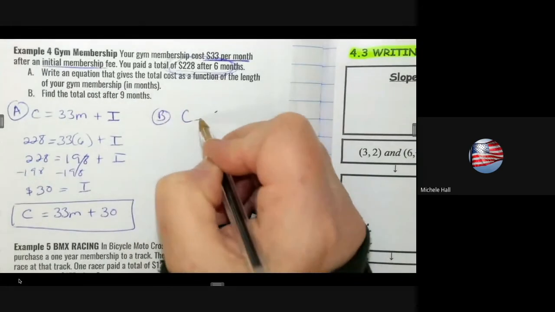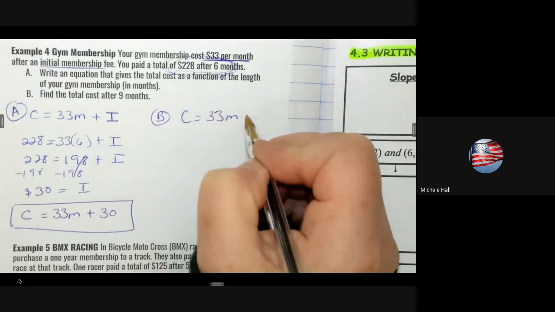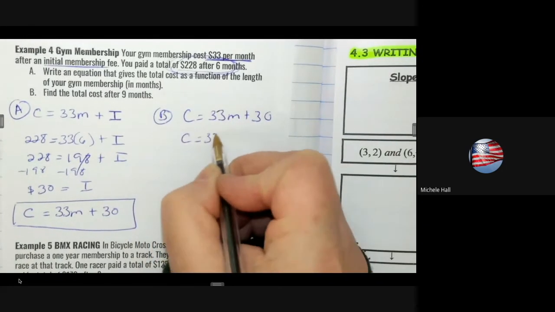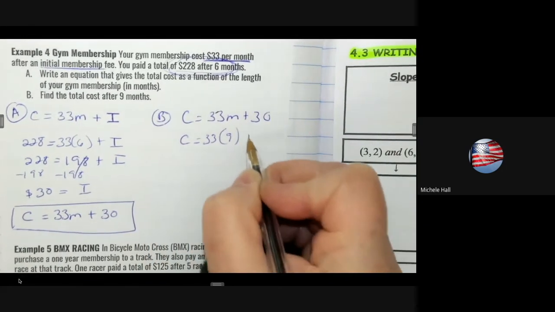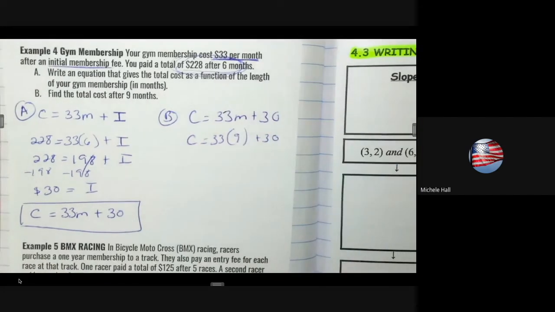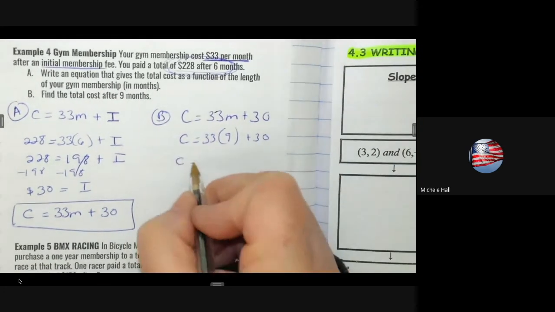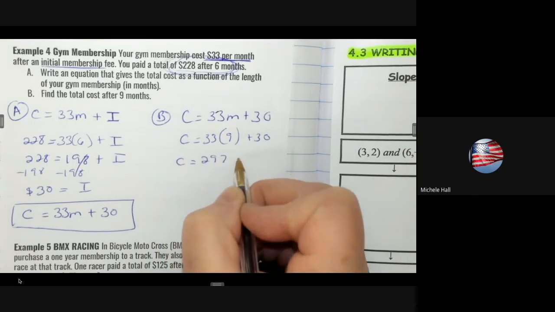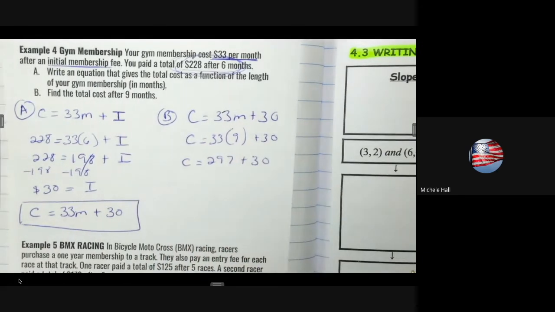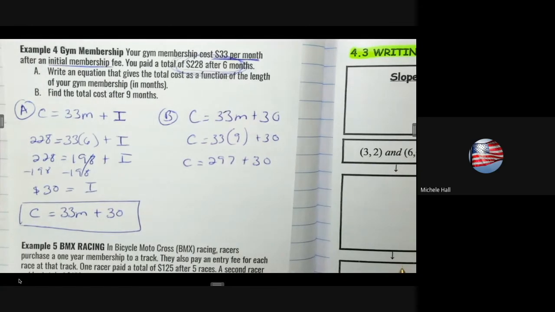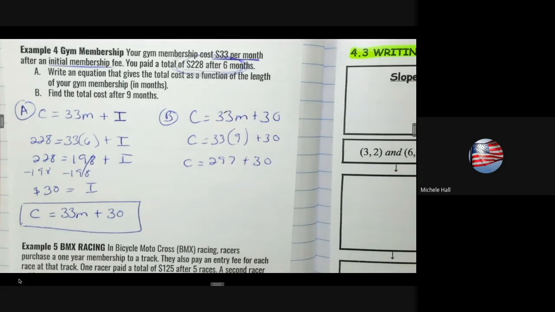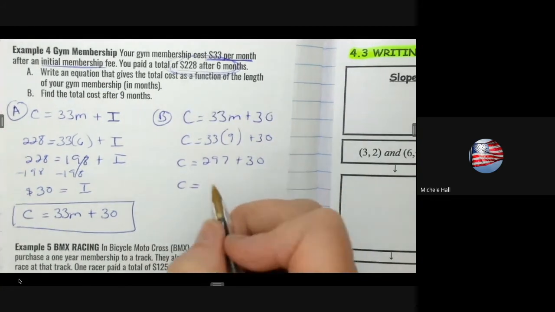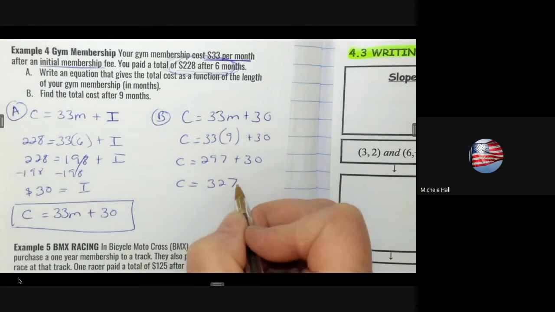The cost is 33 times 9 months plus 30. And so we get the cost equals $297 plus the $30. That means that our total cost after 9 months is going to be $327.